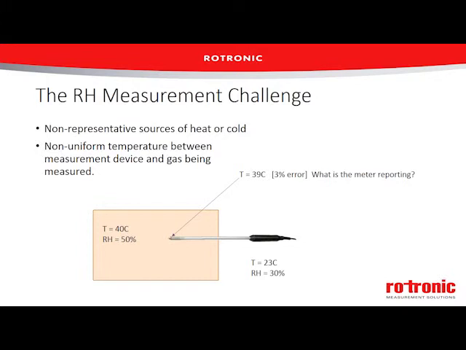This gives us our 3% RH error, because our temperature on that probe is reading about 1 degree lower than the chamber set point. So here's a really quick and easy example of how we can get incorrect relative humidity readings just from the setup of our instruments. It's important that we take this into account and ensure that our probes have a uniform temperature to deal with.